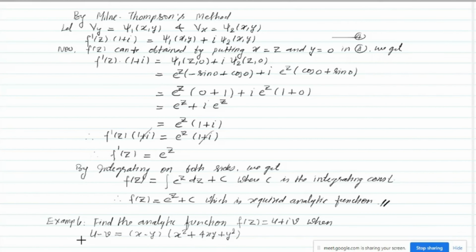Okay, so you have to determine the analytic function when u minus v is given to you.